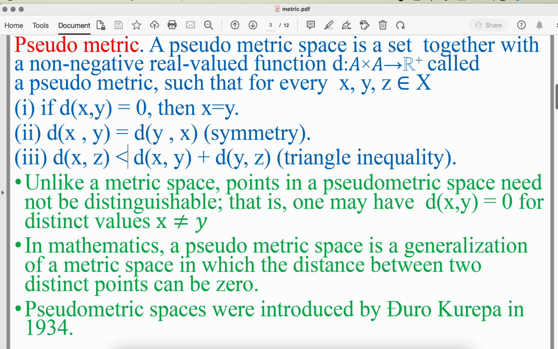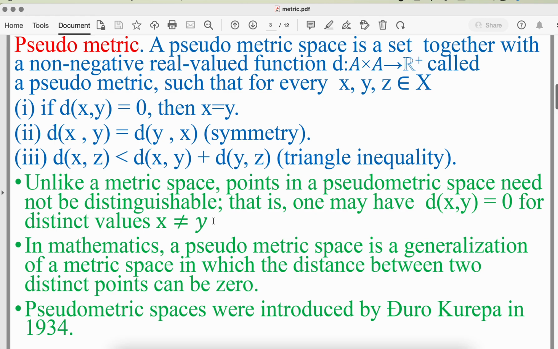So the difference between pseudo metric and metric is that, unlike a metric space, points in a pseudo metric space need not be distinguishable. It means in a pseudo metric space we can have d(x, y), the distance of x from y, equal to 0 for distinct values of x and y.